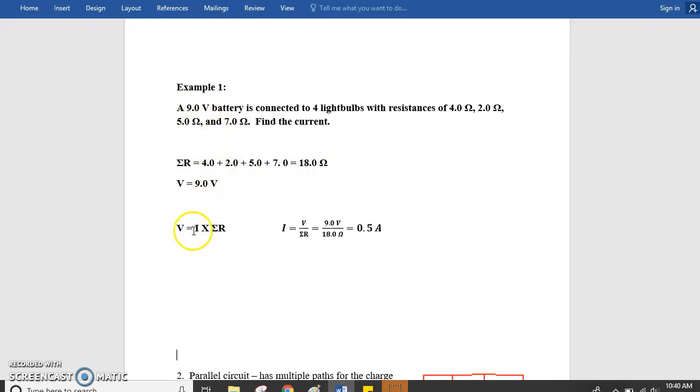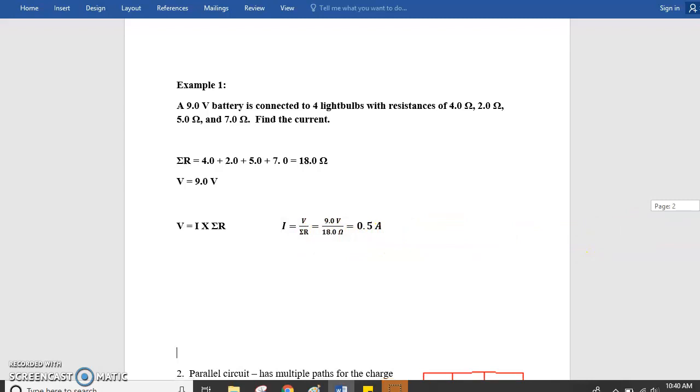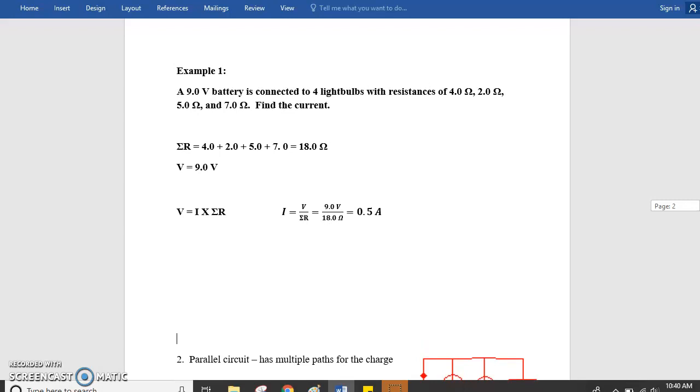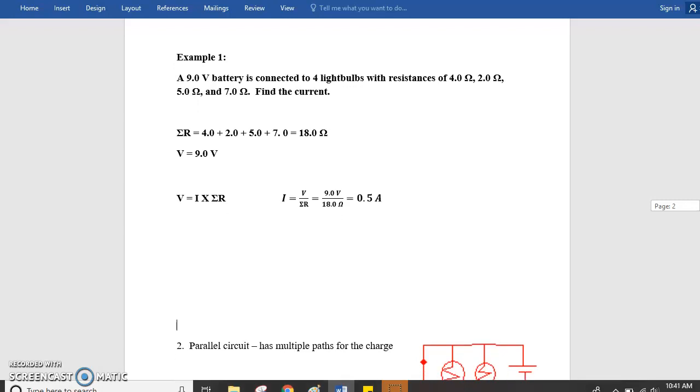So we know that voltage equals I times R. This is the sum of R, that's why it looks so funny, but still just V equals I times R. So I, the current, is V divided by the total resistance. 9 volts divided by 18 ohms, 0.5 amps. Not too hard. Usually I'd have you actually sketch the circuits too, but that doesn't work well with Google Forms, so we're skipping that this year.